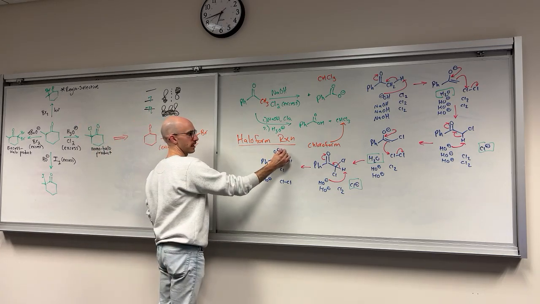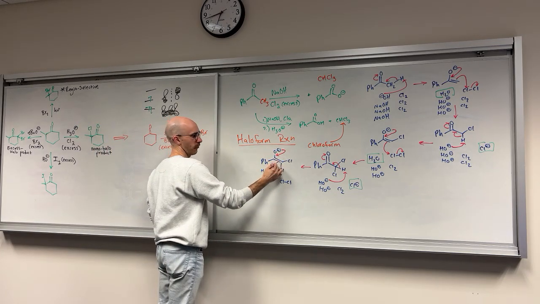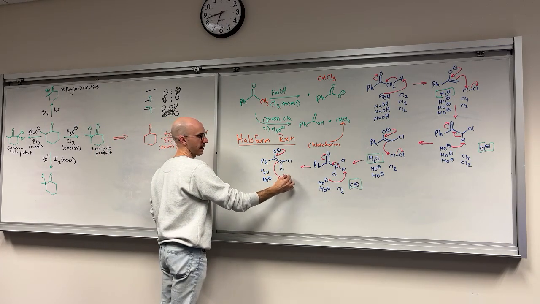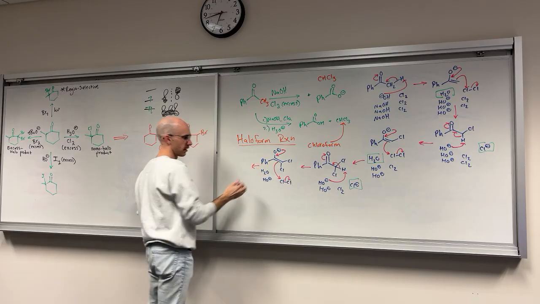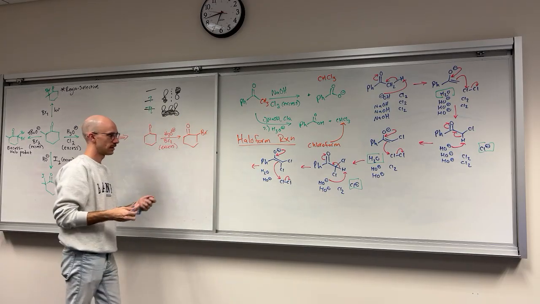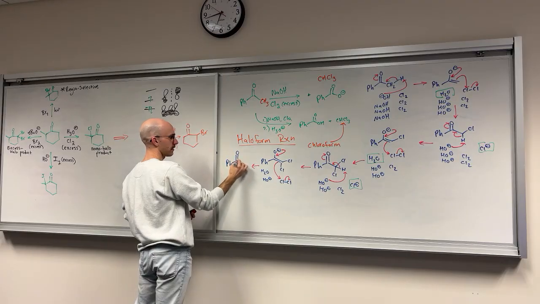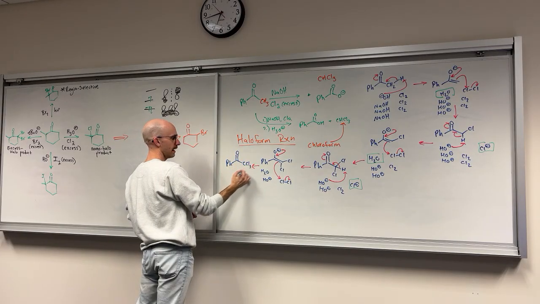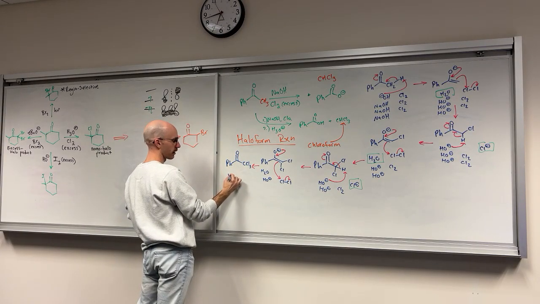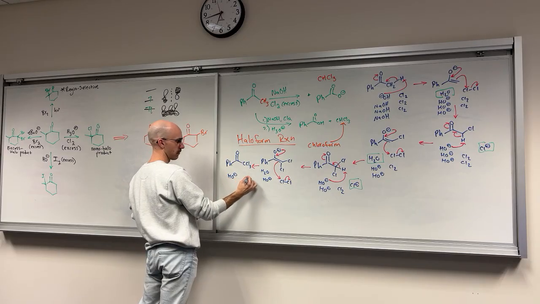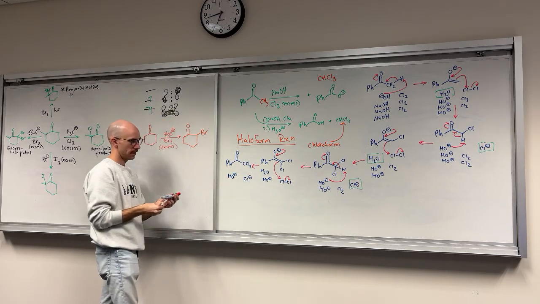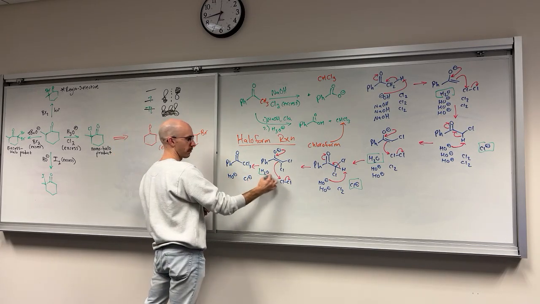The CO double bond reforms. The alpha carbon attacks my final equivalence of chlorine. I get to a trihalogenated product. More byproducts.